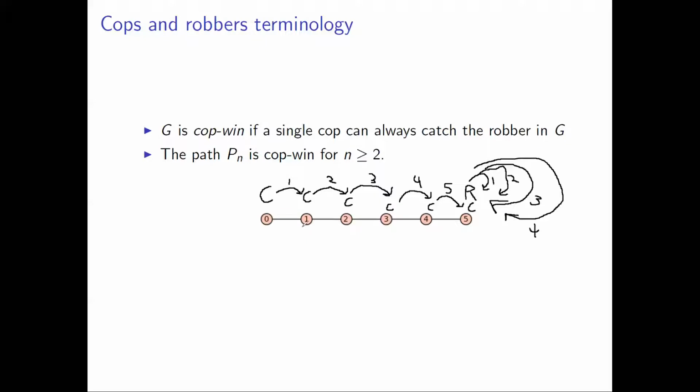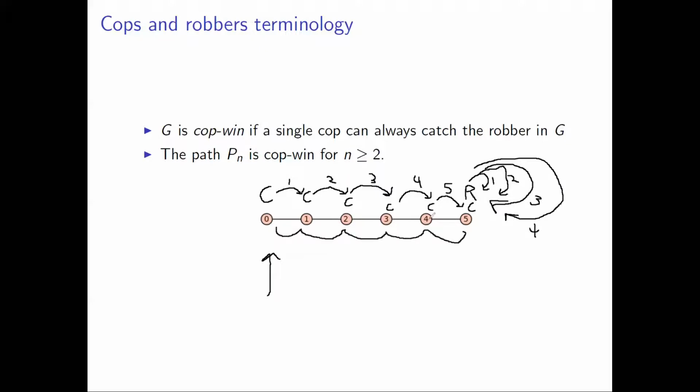So on the path P sub n, the cop is guaranteed to capture the robber in at most n-1 turns with how we've drawn it here. Placing the cop on this left endpoint, the cop can capture the robber in at most n-1 turns because they took n-1 steps here.